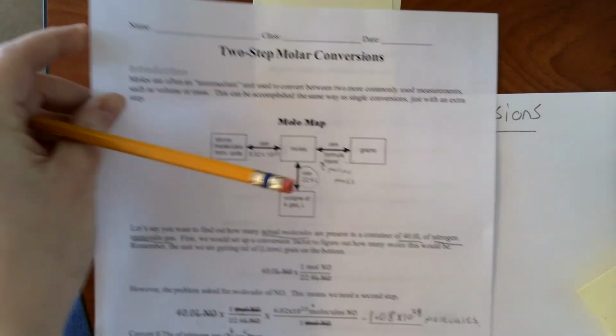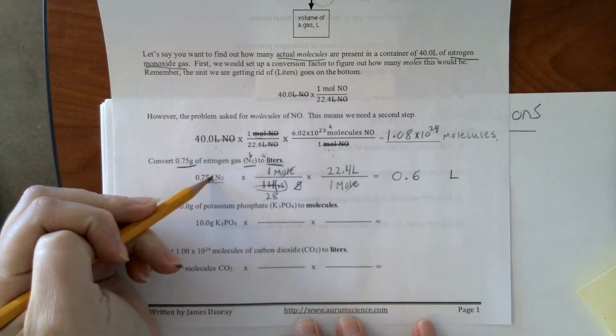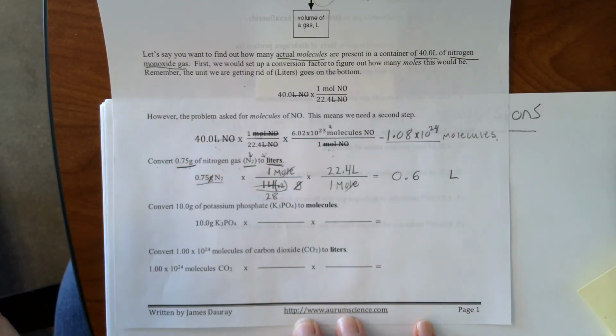This one is all about both following your mole map and remembering how your units get crossed off.